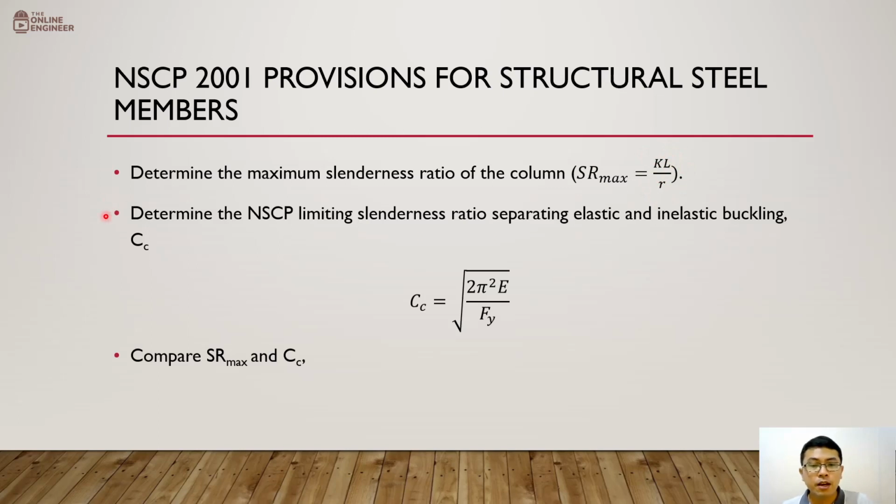Second step, we determine the NSCP limiting slenderness ratio separating the elastic and inelastic buckling, and this variable is also known as C sub C or CC, which has the formula square root of 2 pi squared E over Fy. Once you have CC and you have the SR maximum, or the maximum slenderness ratio, then here's what we are going to do. We compare SR maximum and CC.